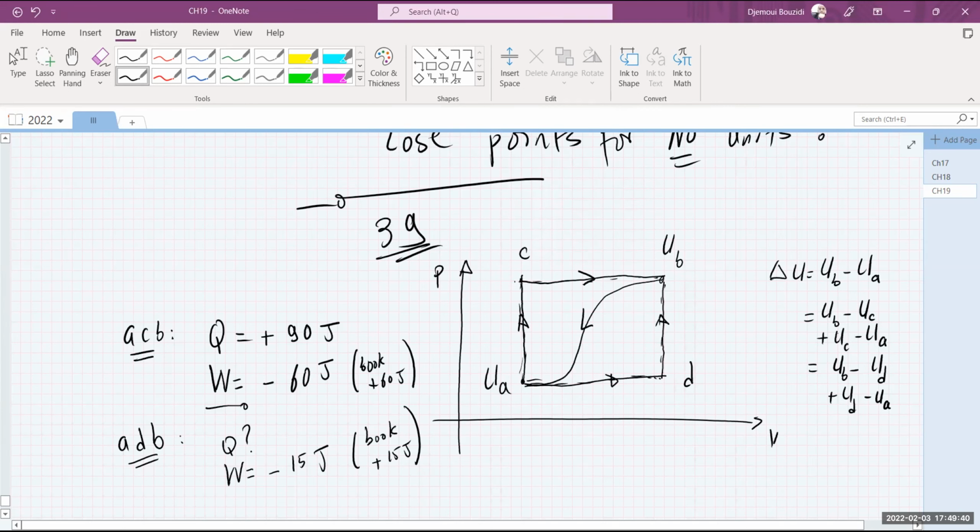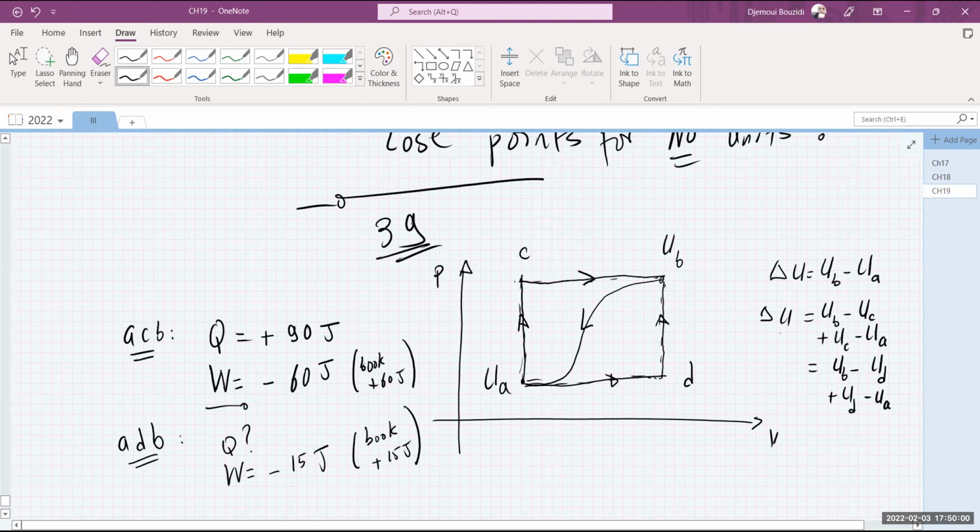This is going through the process ACB, and this is going through process ADB, the second one. Because the energy is a state variable, you're allowed to do this algebra.